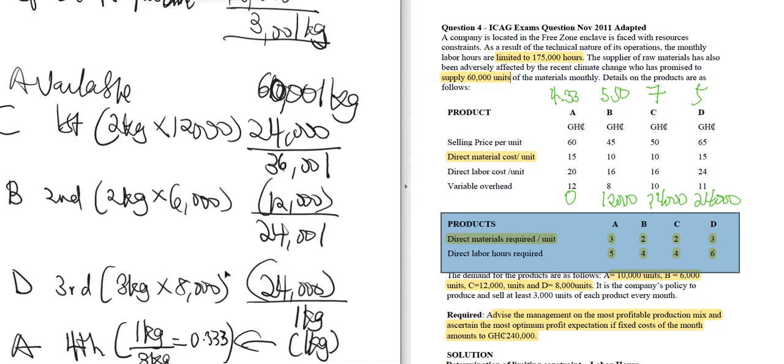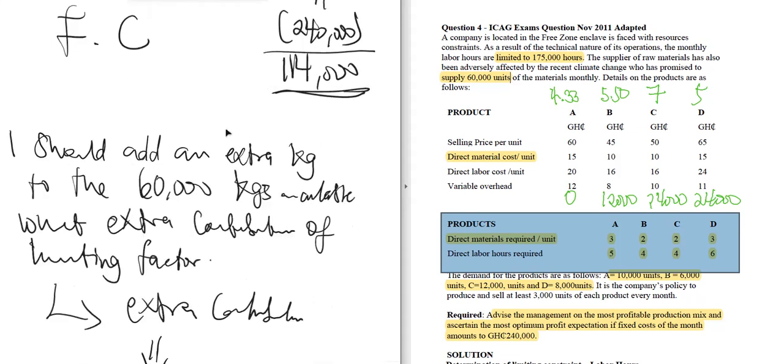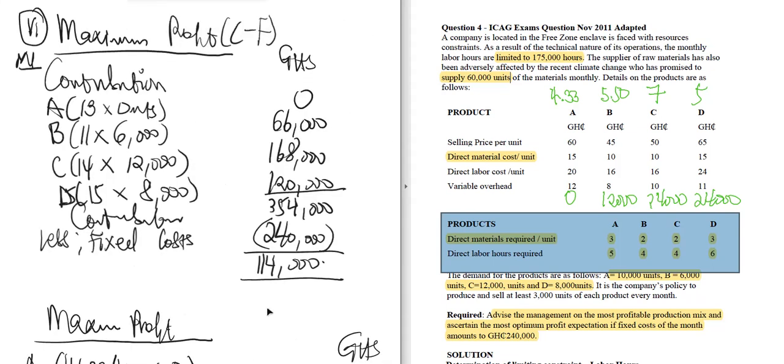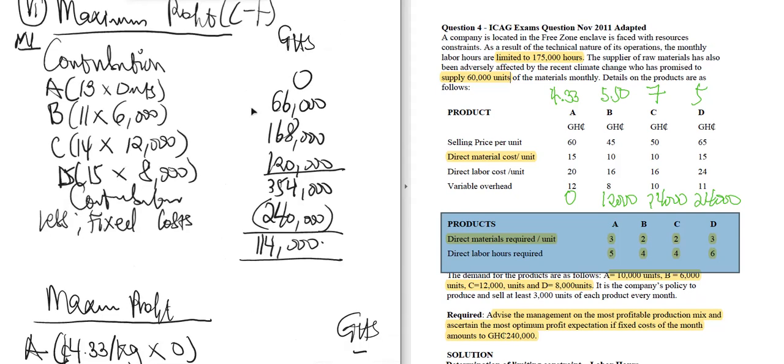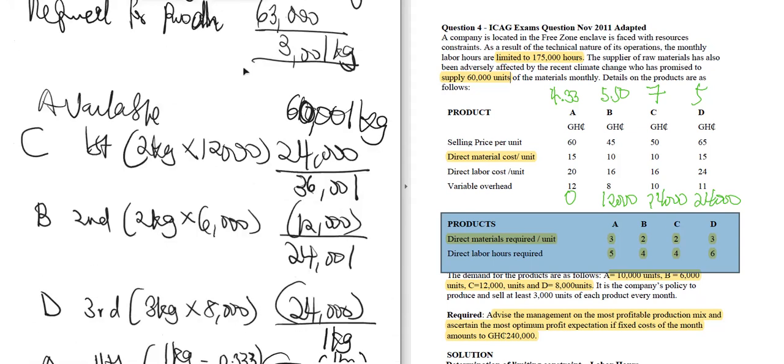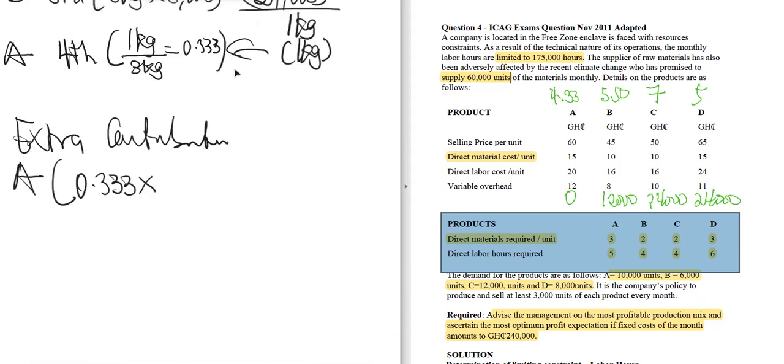Sorry, I need to be scrolling. A's contribution per unit was actually 13. So this by 13. Okay. And that gives us what?